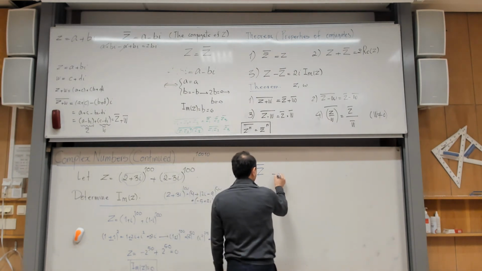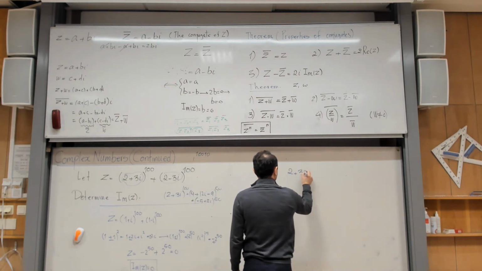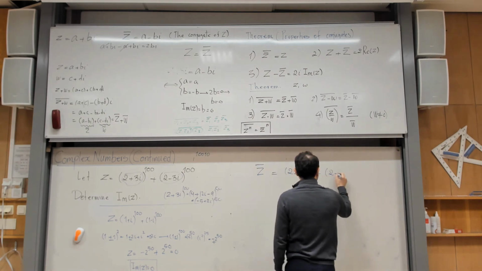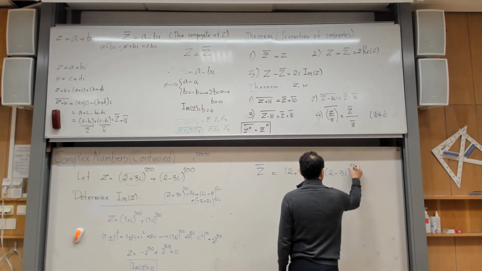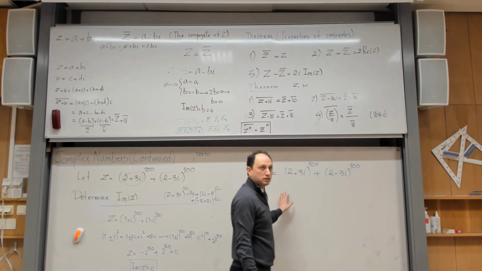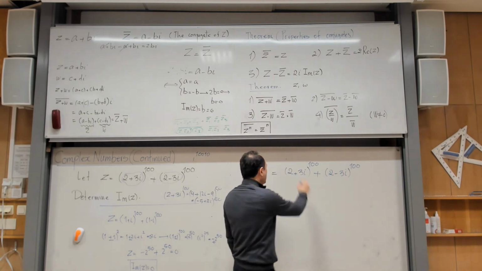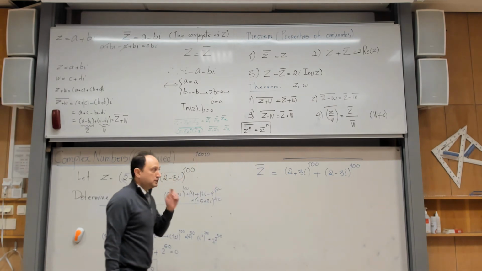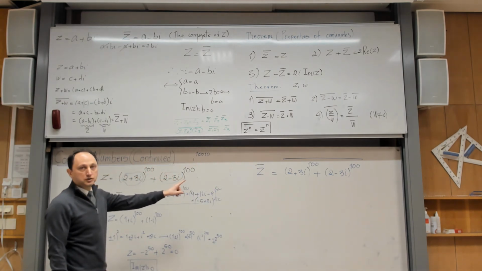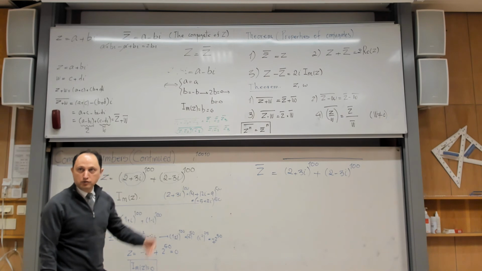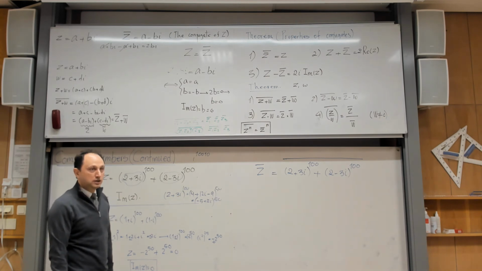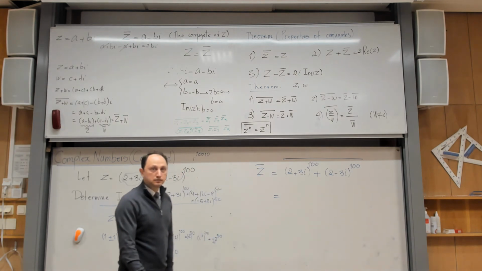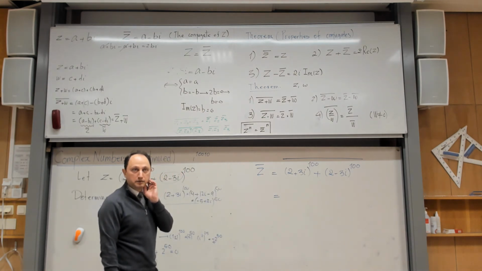So this means that it is 2 plus 3i to power 100 plus 2 minus 3i to power 100. Agree? Yes? I take the conjugate on top of it. But now, this was the hard part. The rest I expect you to be able to tell me what to do. What is the next step you think I will do? Tell me. Yes?